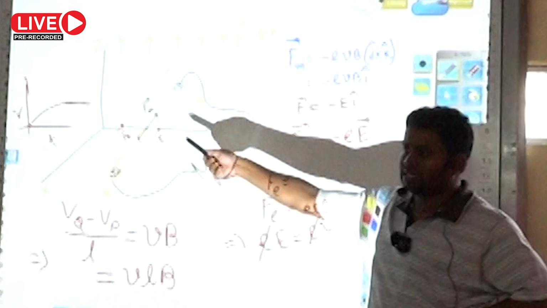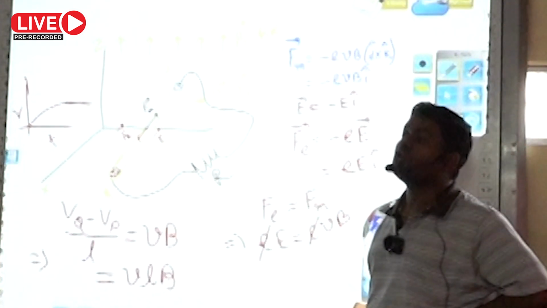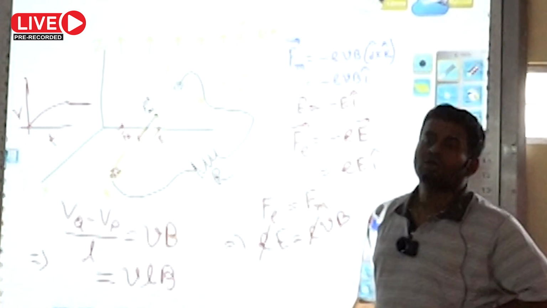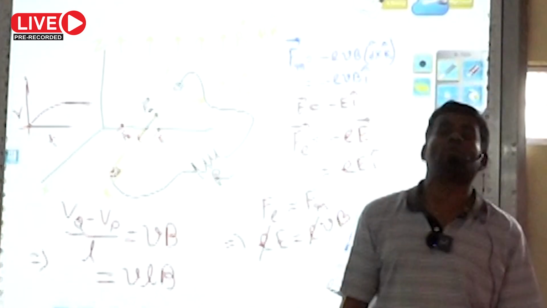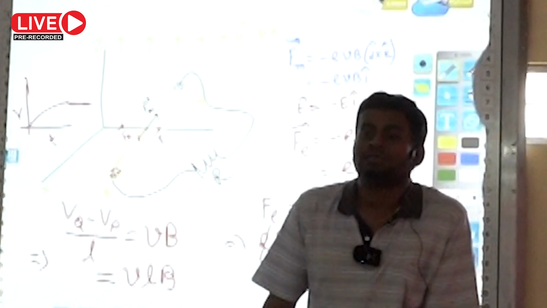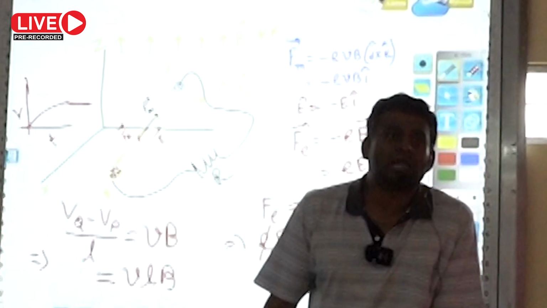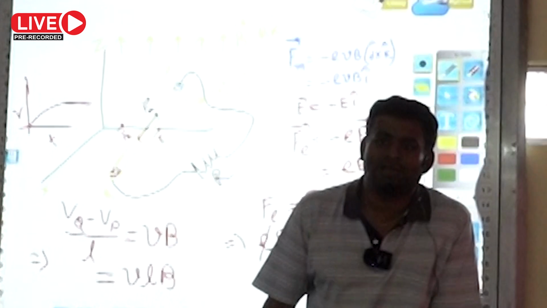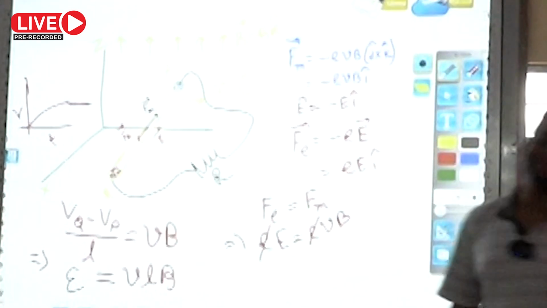No, this connection is not there. When this connection is made, it is called a closed circuit. When this connection is not made, it is called an open circuit. The potential difference between two terminals of a battery or cell in open circuit condition is called EMF. So that is actually the EMF.